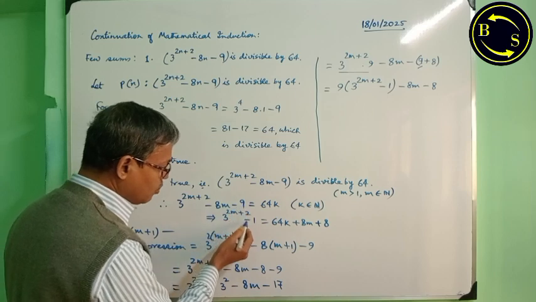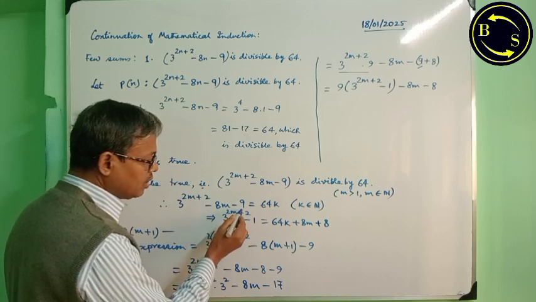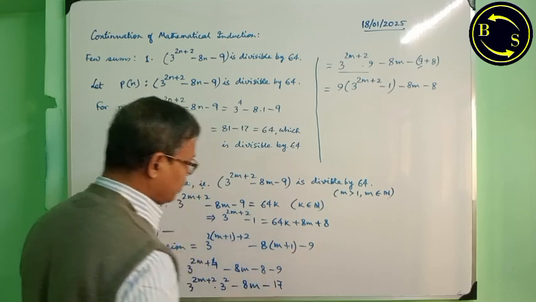I have kept minus 1 here, remaining minus 8 I have taken that on the right side.